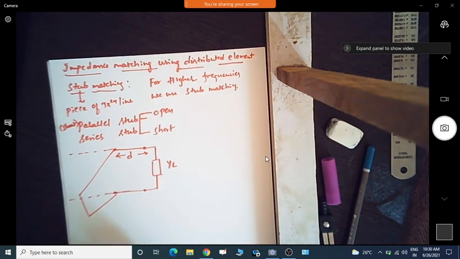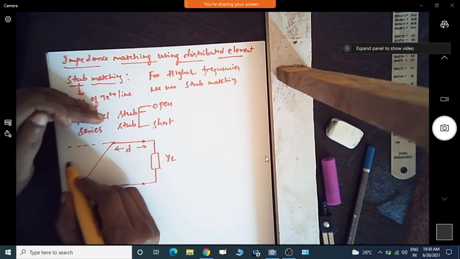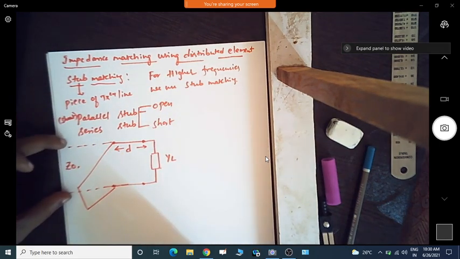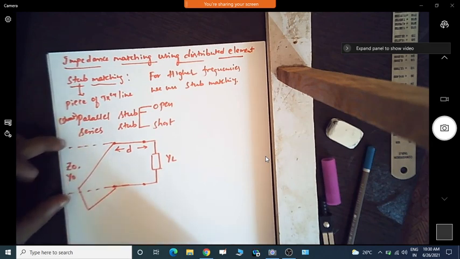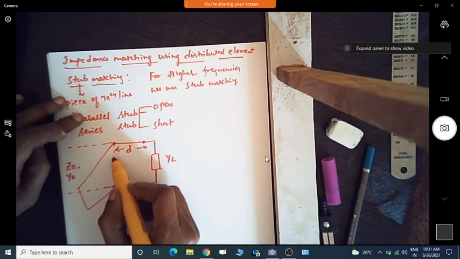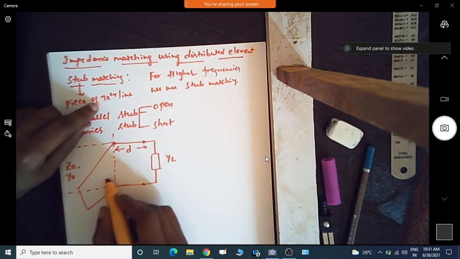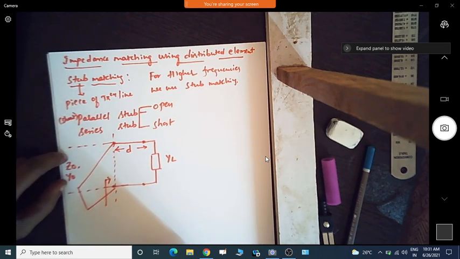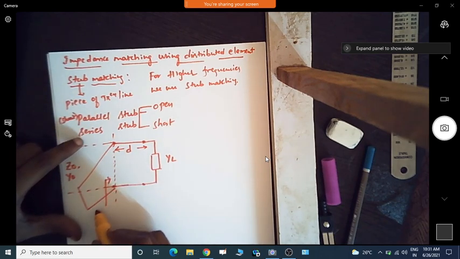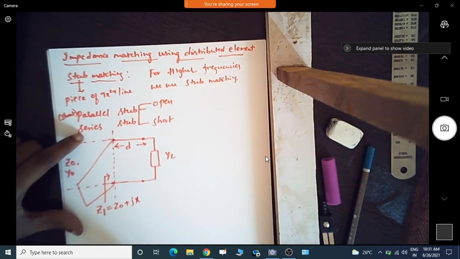Now we have YL here. How do we match to the characteristic impedance of the line, or the characteristic admittance? First we need to arrive from the load to this point before connecting the stub. We need to see an impedance whose real part is equal to Z0, so at this point, let us take Z1, which should be equal to Z0 plus some reactance.